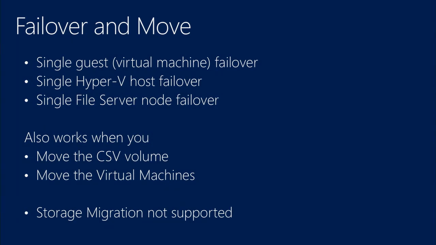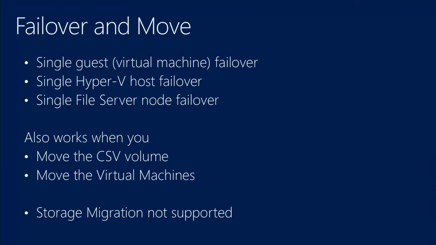As long as you pay attention to the affinity, right? You don't want to deploy all the VMs on the same host, because then that is a single point of failure. And your file server node, as usual, can fail, and the other node will take over the role, okay? So transparent failover on the file server side.